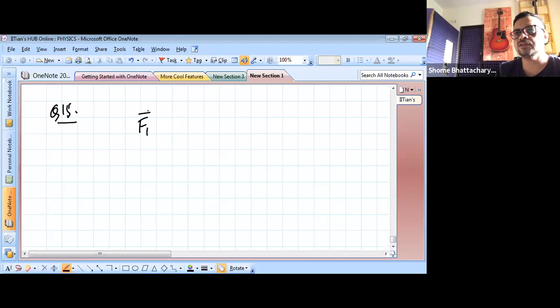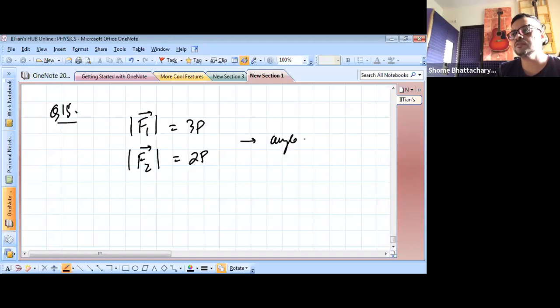So F1, let's say, is one force. It has a magnitude of 3p. And F2 has a magnitude of 2p. And suppose the angle between them is theta.